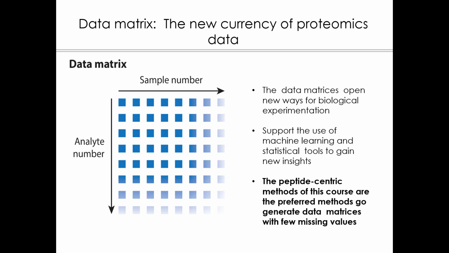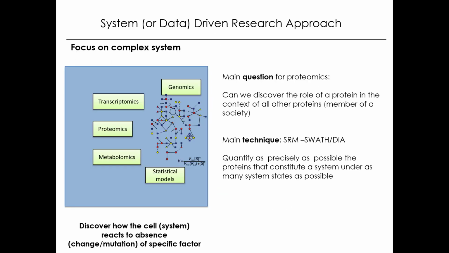Okay, so if we adhere to the view that on this side here, in this data-driven research, proteomics has a role to play, then we would need to ask what data do we need to generate, and what are the properties of this data that are really useful to support such data-driven analysis.